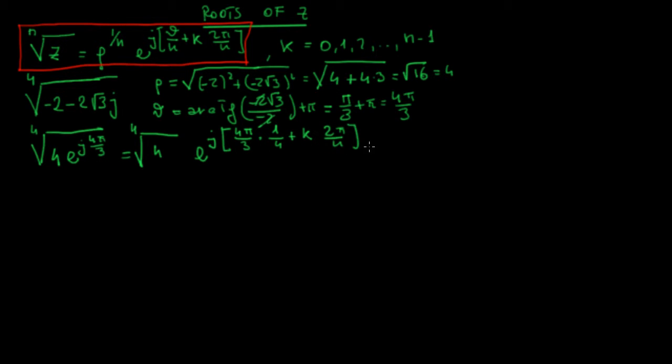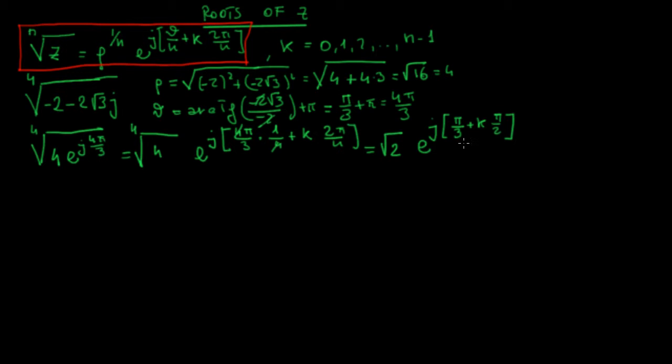This expression can be easily simplified: the modulus becomes the square root of 2, while this is e to j (4 and 4 cancel each other, so pi over 3 plus k times 2 pi over 4, that is, pi over 2).